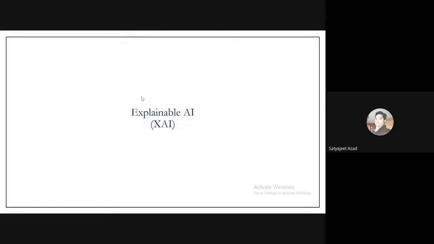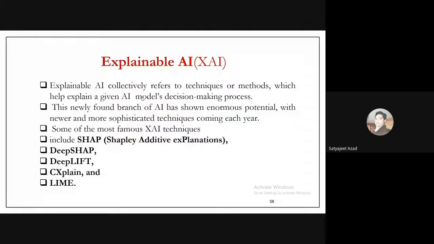Now this is a very important topic, keeping this research in mind. This is a new area, explainable AI, and I have also worked on one project in this area. Explainable AI is a new and emerging field and a very important field. Why, I'll tell you. Explainable AI collectively refers to the techniques or methods which help explain a given AI model.